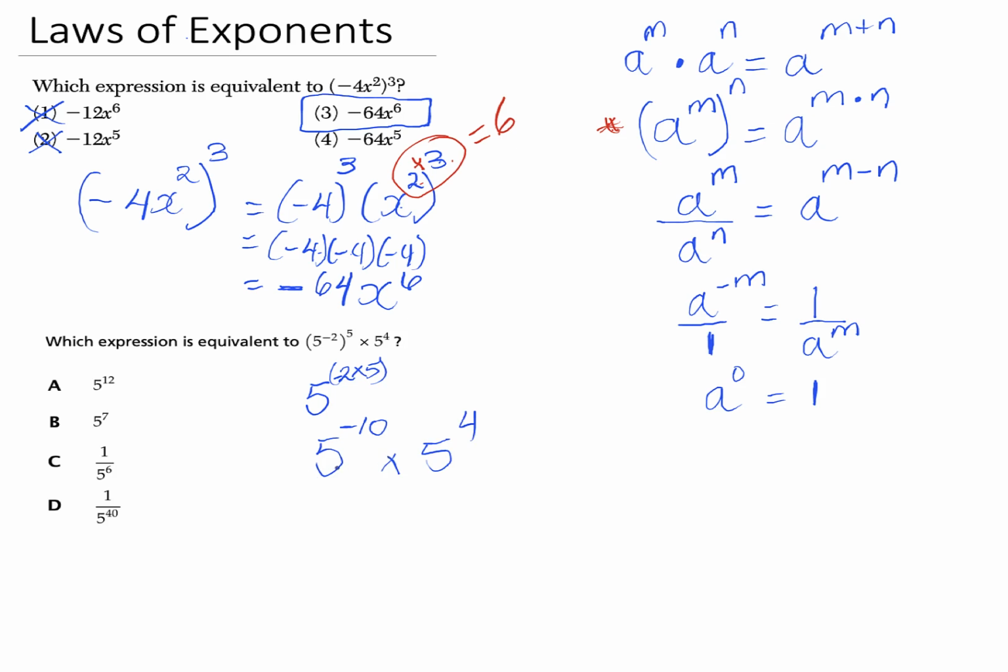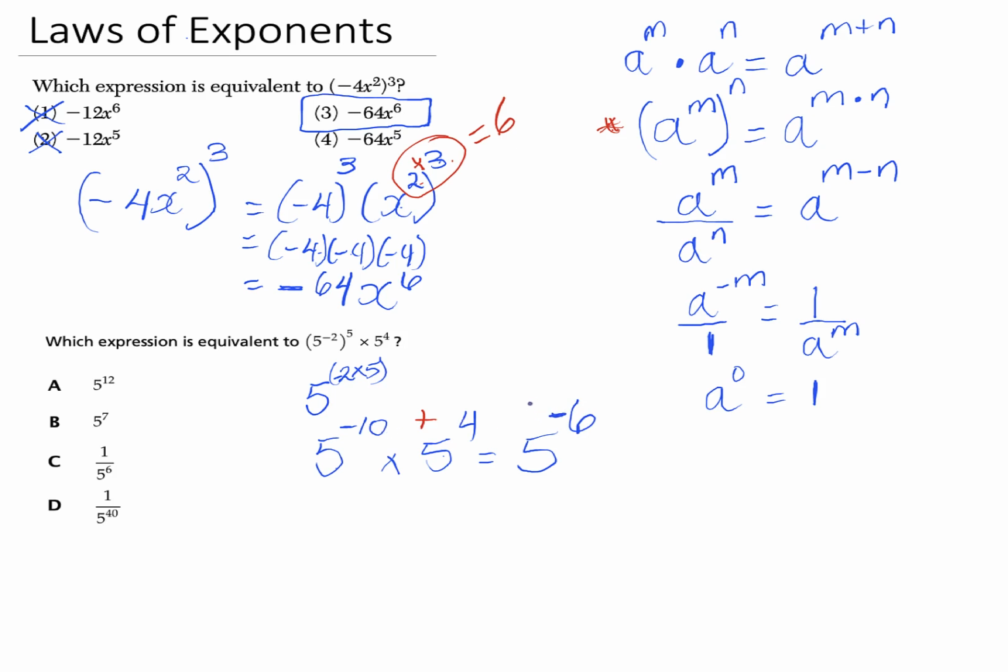That rule says that if your bases match, and the 5 here is your base, it's not like here with this negative 4. So here is our base, so we're going to keep that 5. And now we're going to have to add, because when you're multiplying, the rule states keep your base and add your exponents. Now remember, when you're adding your integers, when the signs are different, you actually subtract them. So you're going to get a 6, and you keep the sign of the larger number, so that's negative 10.